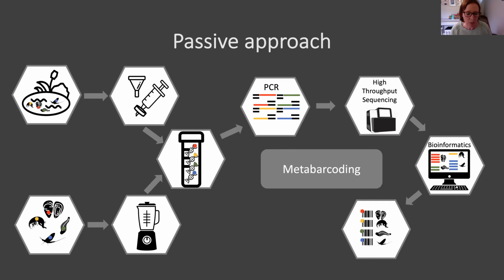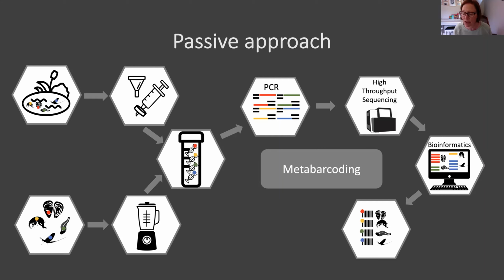And then with the passive approach, we have this soup of DNA, whether it comes from the water, or, say for example, if someone's taking a kick sample or a pitfall trap, we can make those individuals into an invertebrate soup, if you like, blend them, and we end up with a pool of DNA that's then PCR'd using conserved primers.